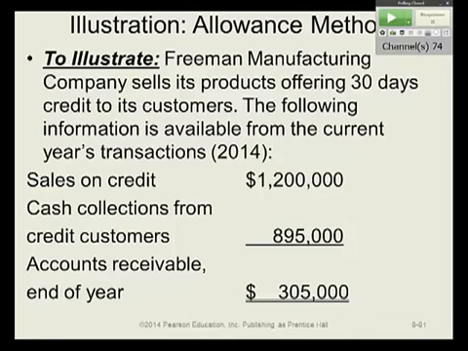And then here for the collections, you debit cash and credit the accounts receivable. And that's for $895. That gives you the ending balance of 305.